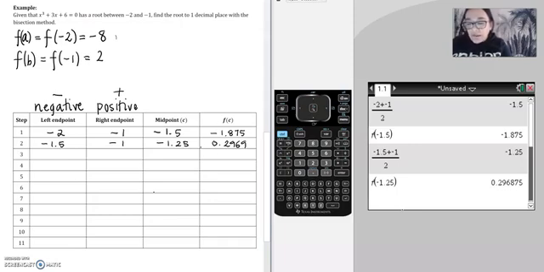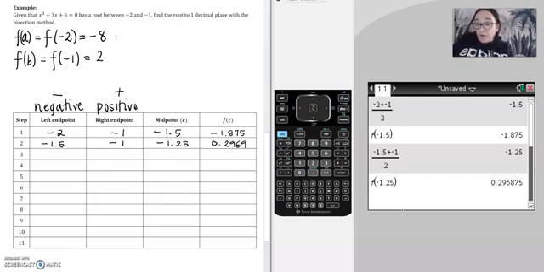Now, the values over here don't matter too much in terms of how many decimal places you have to give. The main idea is we're checking to see whether it's positive or negative. So a couple of decimal places should be fine. I'm not going to go beyond 4, and I probably could have even had 3 there, but that's okay. All right.